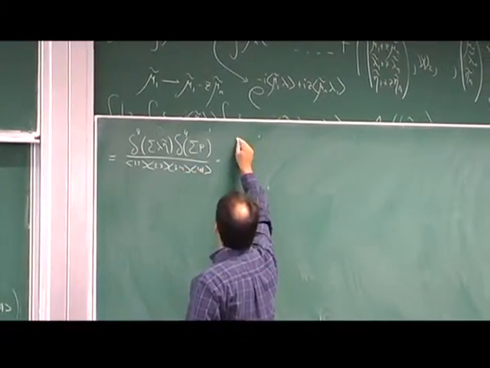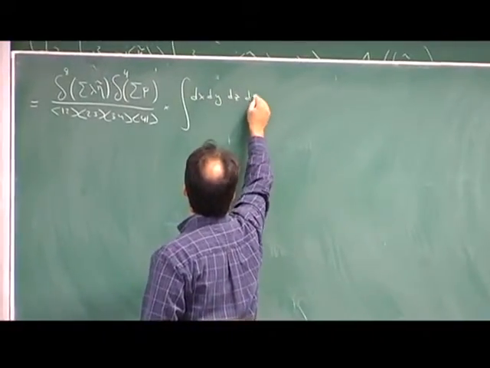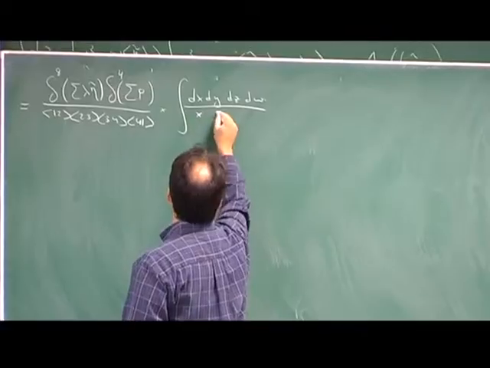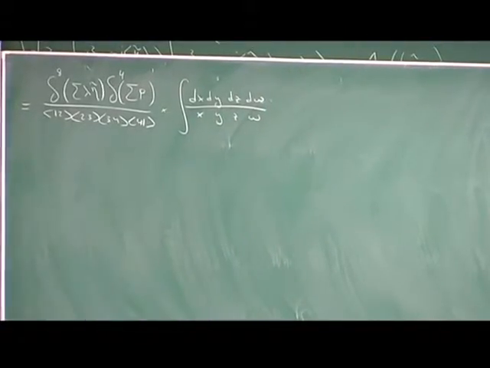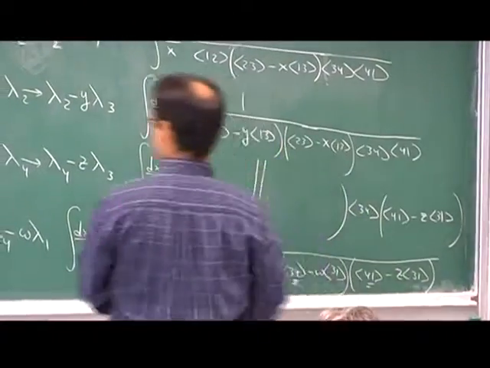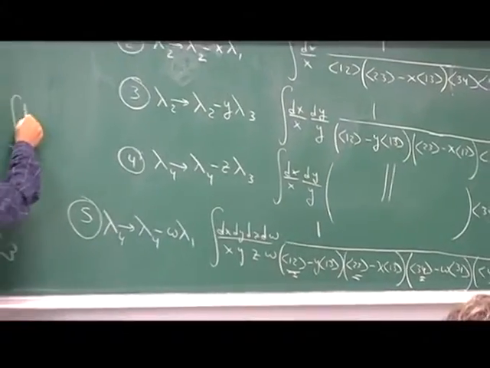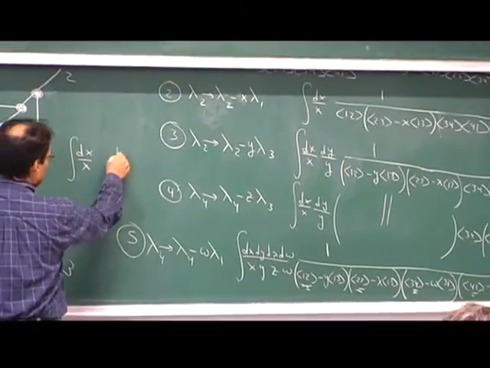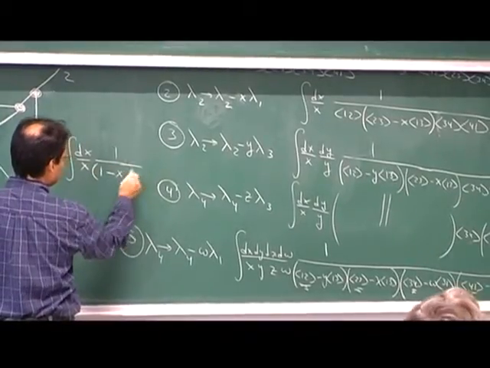Times, now we're going to get integrals dx, dy, dz, dw, over x, y, z, and w. Now, every time I factor something out, I end up with something that looks like an integral, say, dx over x, 1 over 1 minus x with something.